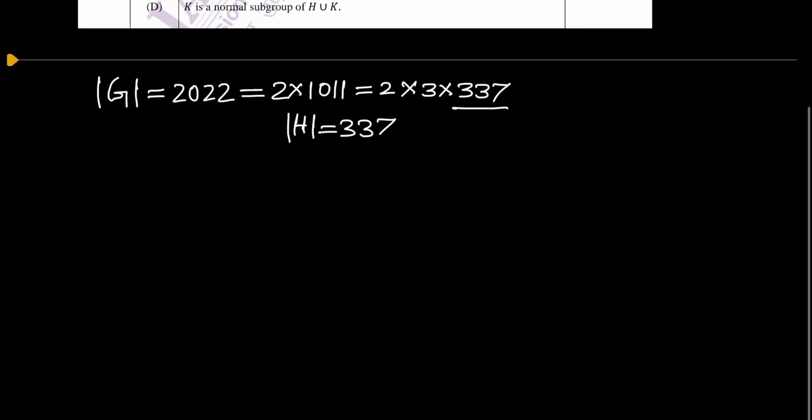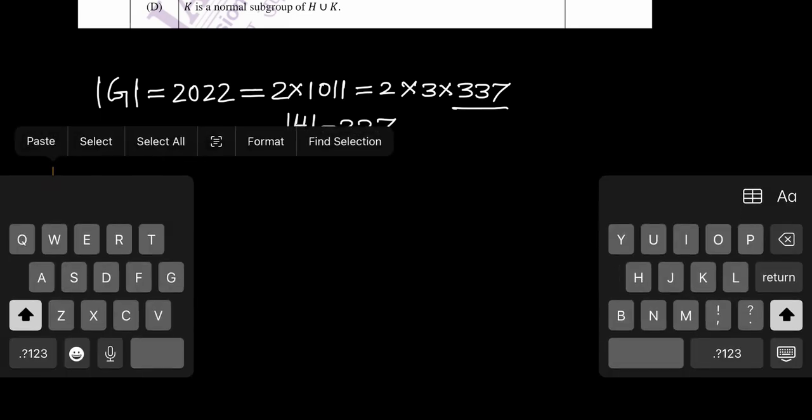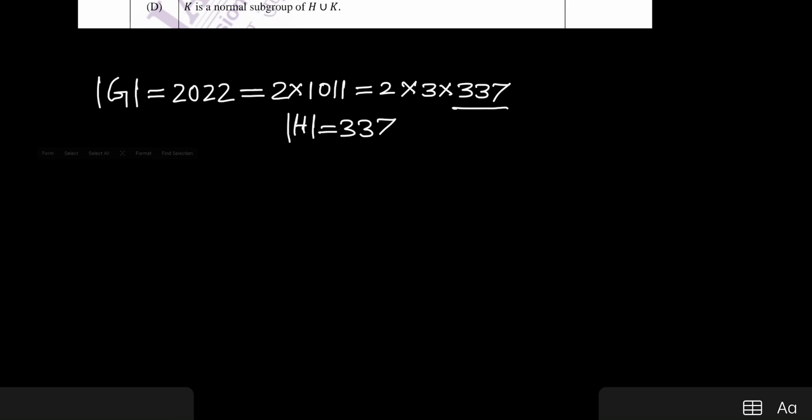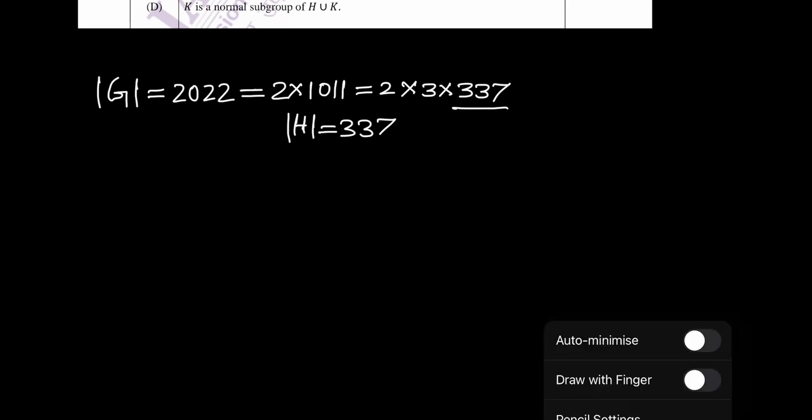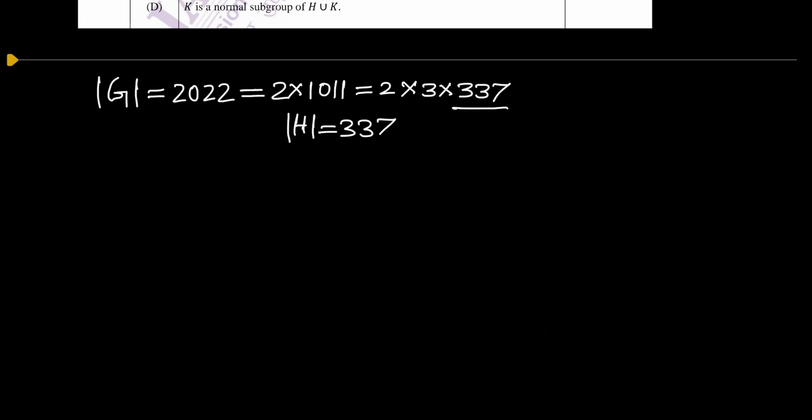For this, we take 1 plus this prime number 337 times an integer A, and this number should divide the order of G, that is 2022.